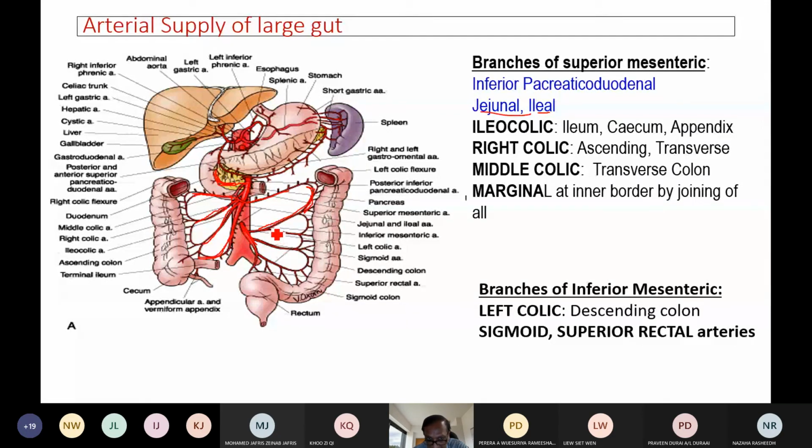After left colic, this is the sigmoidal branch, and the last branch over here, which is going to the rectum, is the superior rectal. So 3 branches of inferior mesenteric: left colic, sigmoidal branches. There are 2 or 3 sigmoidal branches because sigmoid colon is very long, and then the last branch is superior rectal.